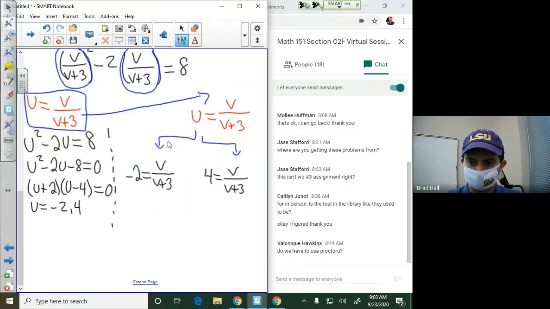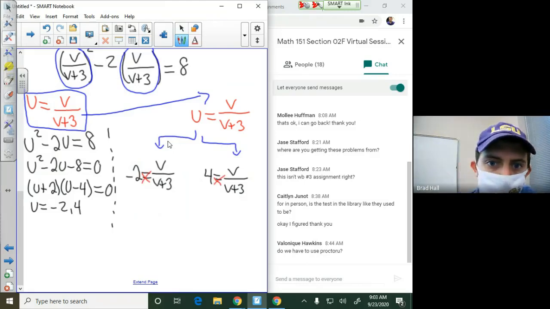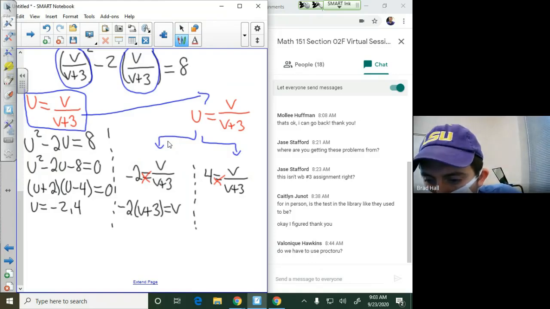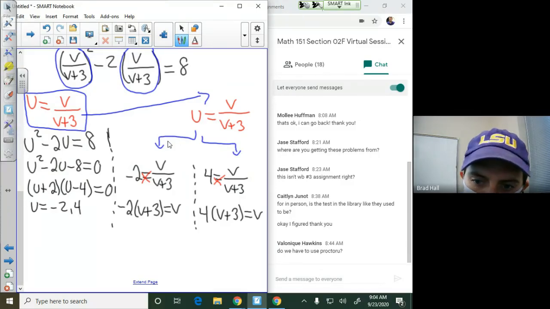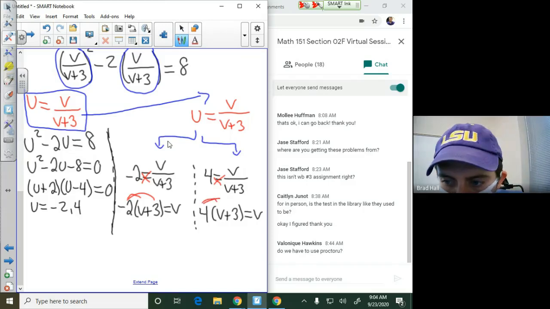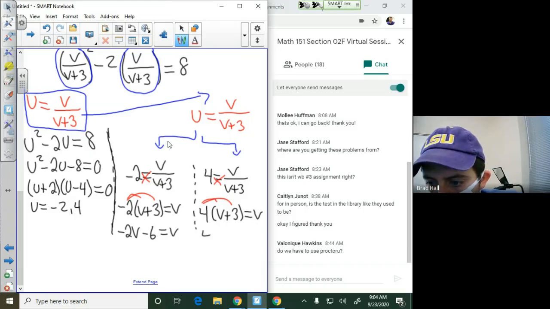All right, so in both cases, we're going to cross multiply. And then you would get -2 times v plus 3 is equal to v. Then the other one, 4 times v plus 3 is equal to v. We can go ahead and distribute right quick. -2v minus 6 is equal to v, and then 4v plus 12 is equal to v.